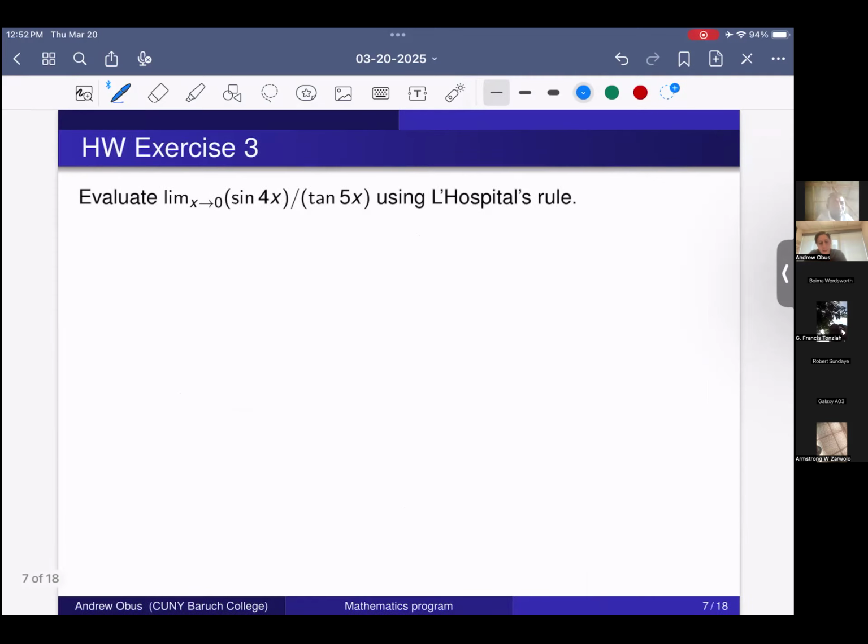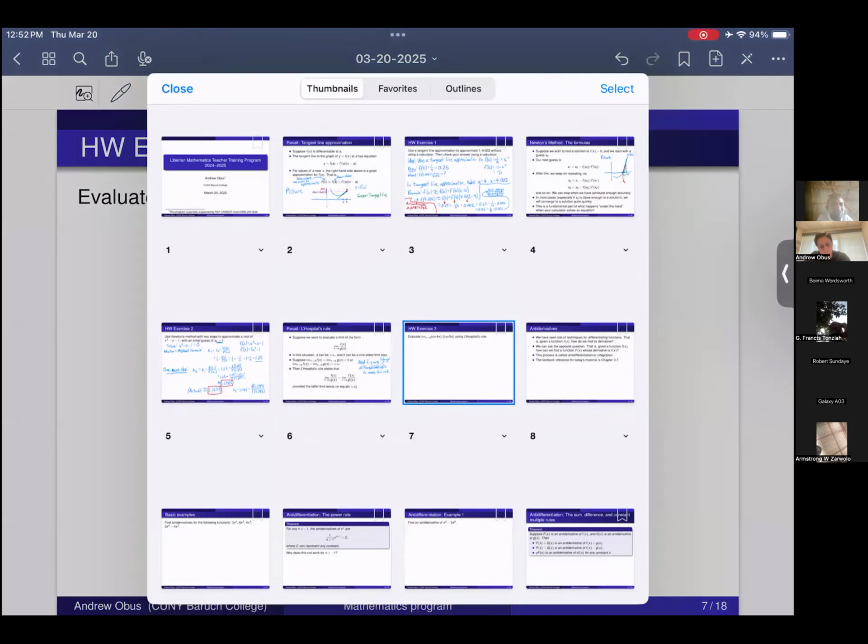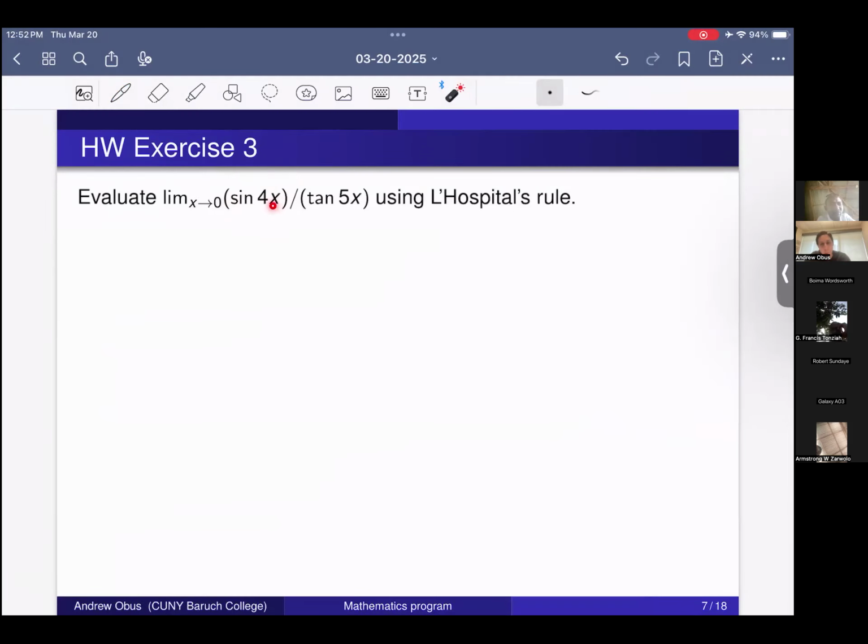Okay, so let's look at an example. Say that we want to evaluate the limit as x approaches 0 of sine of 4x divided by tangent of 5x. Well, what happens if we plug it in? The limit as x approaches 0 of sine of 4x is just sine of 4 times 0. It's a continuous function, so we can just plug in 0, and that's sine of 0, which is 0.